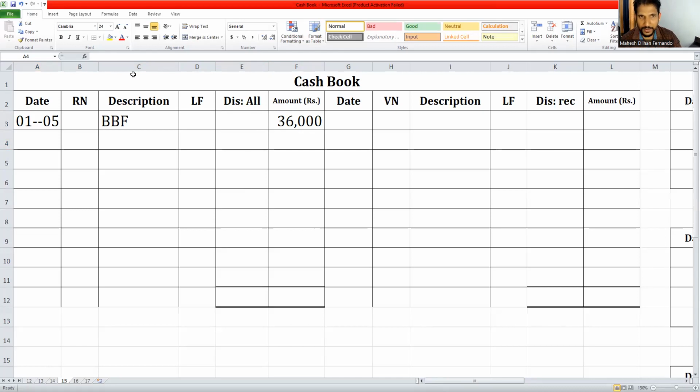3rd of May, we have received cash from Udayanga to settle his account, 36,000. Allowed discount 6,000. Date is 3rd of May. Receipt number 258.